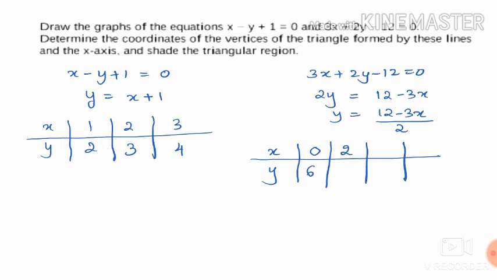Taking x as 2, the numerator becomes 6, so 6 divided by 2 will give us 3. There is an increase of 2 in the value of x, so next number can be 4. So y decreases by 3. To get the next number, minus 3 from 3, you get your y value.